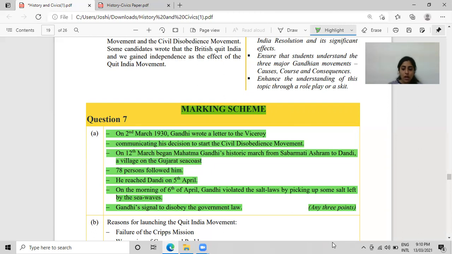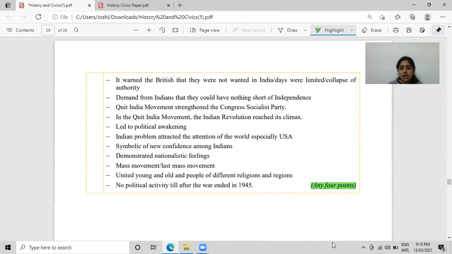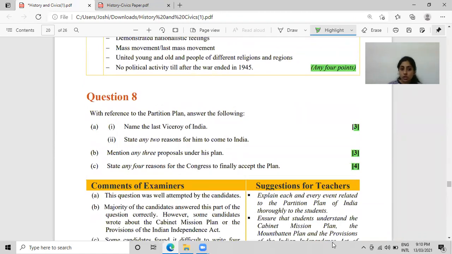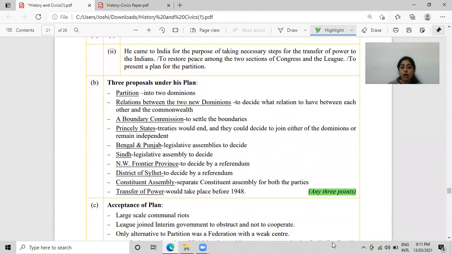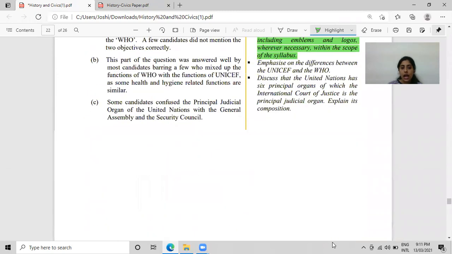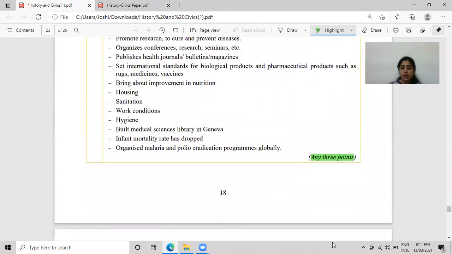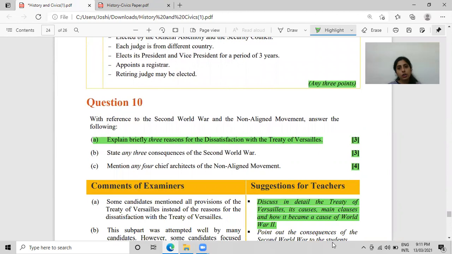Clear with it? So students, question number 6, question number 7, same way, we have to attempt question number 8. Out of question number 6, 7, 8, question number 9 and question number 10, it is up to you which three sets of questions you are confident enough to attempt.